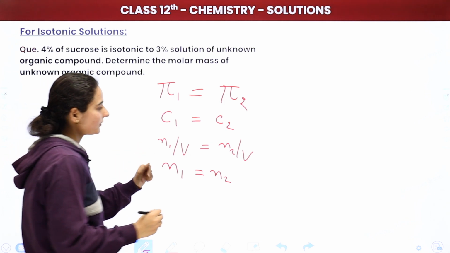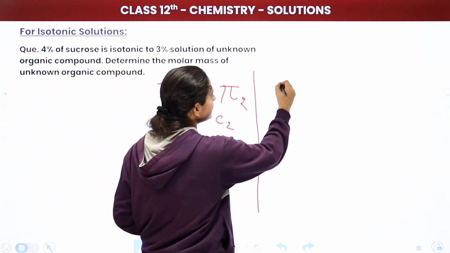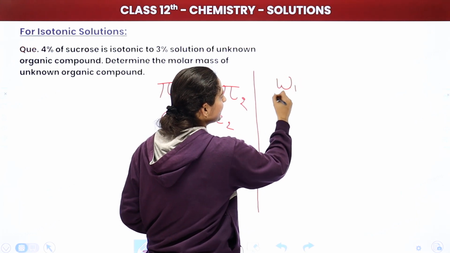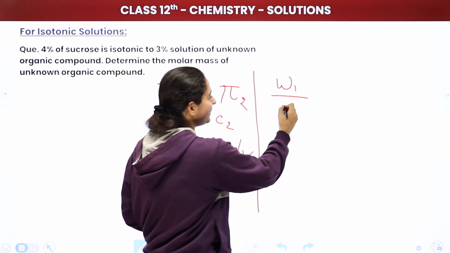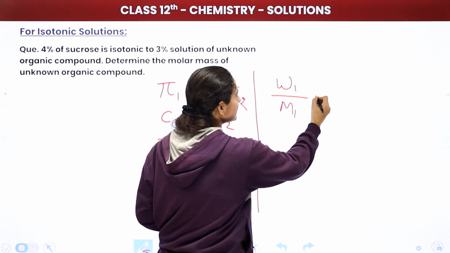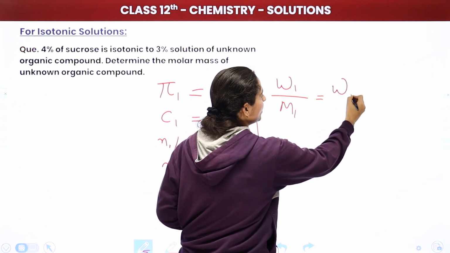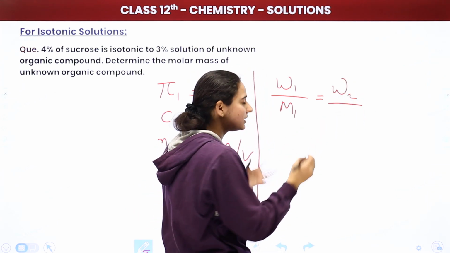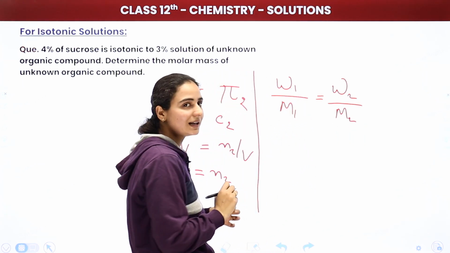Now our formula will look like this: weight in grams of the first, taking sucrose as 1, divided by its molar mass, equals weight in grams of the unknown organic compound divided by its molar mass. So what is the value of W1?